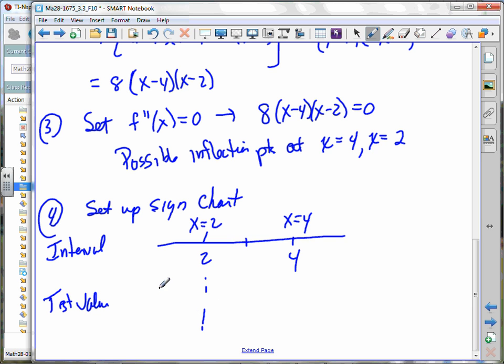I'm going to test x equals 0, now I didn't look at the first derivative. This could be a little dangerous because I don't know that maybe I have a critical number at 0. But I'm going to try it anyways, because I'm just looking at where concavity changes, so it doesn't really make much difference. I'll choose a 0 here, and I'll choose a 5 over there.